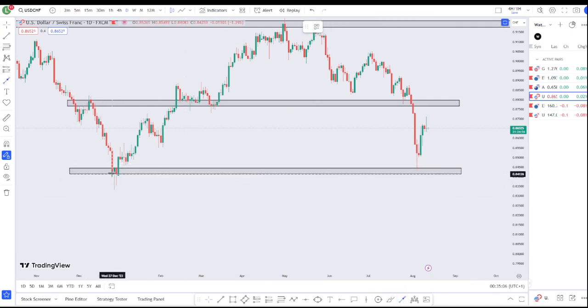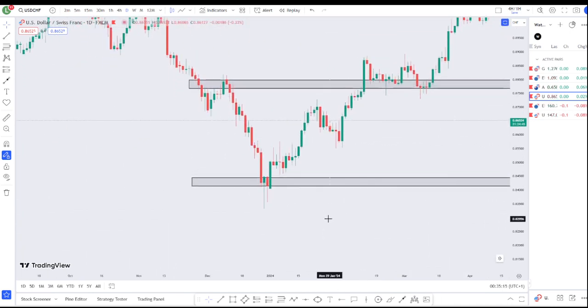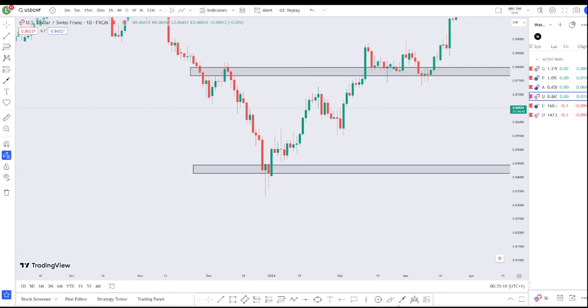And this support key level formed December 2023, and inside this support zone there was formation of a bullish order block, and this was the last bearish candlestick formed before the bullish sentiment, before the buyers took charge of the market and bought this market for a very long time. This bullish order block was the last bearish candlestick that the institutional players used to buy USDCHF in December 2023.